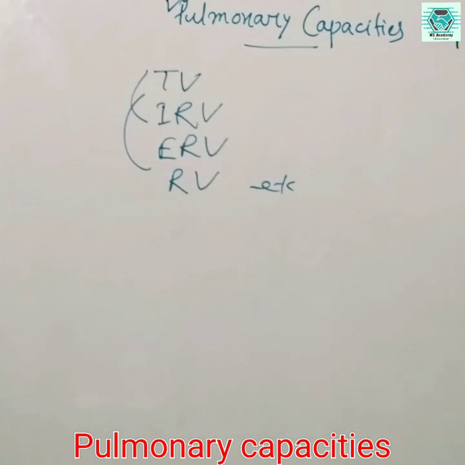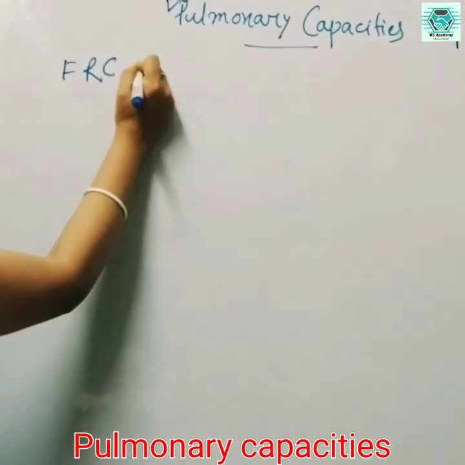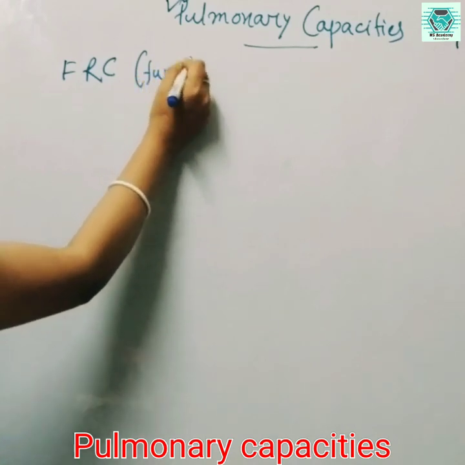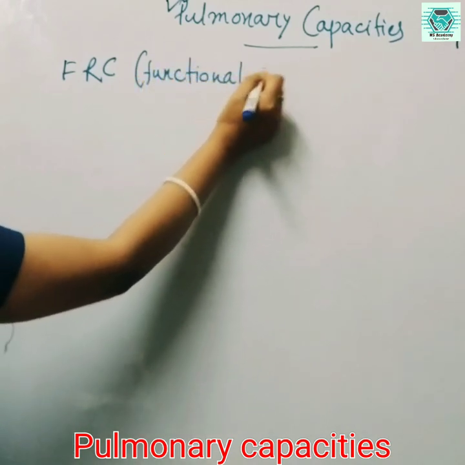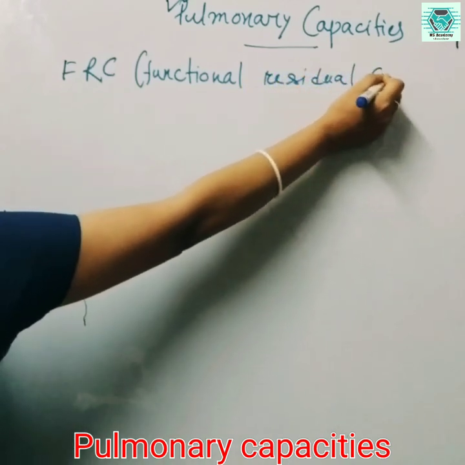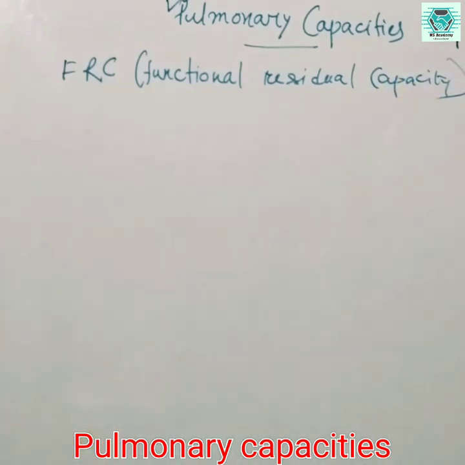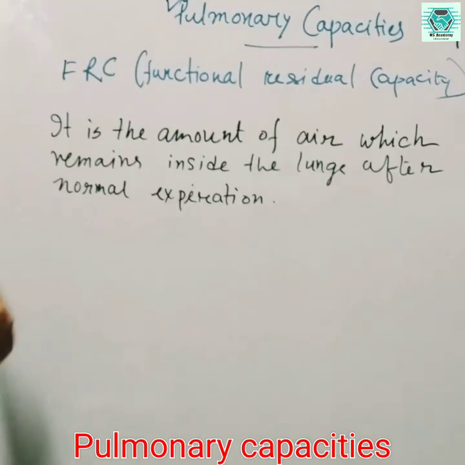First of all, functional residual capacity, FRC. The FRC is the amount of air which remains inside the lung after normal expiration.